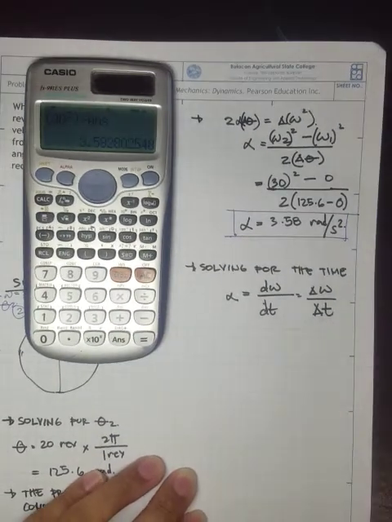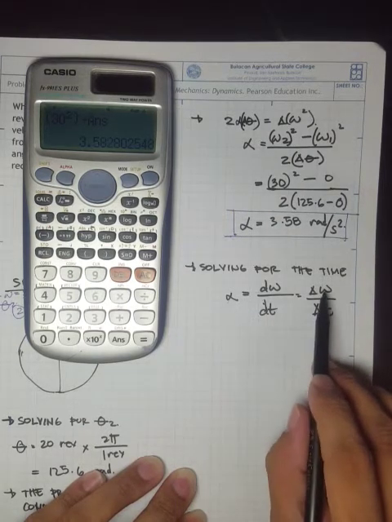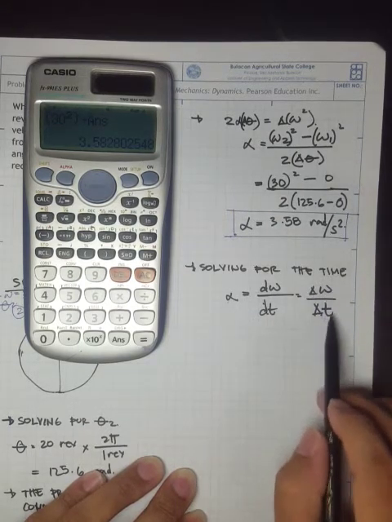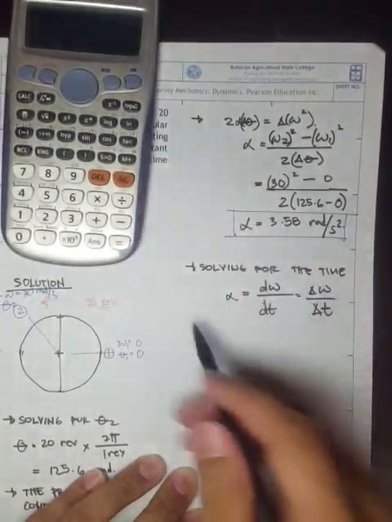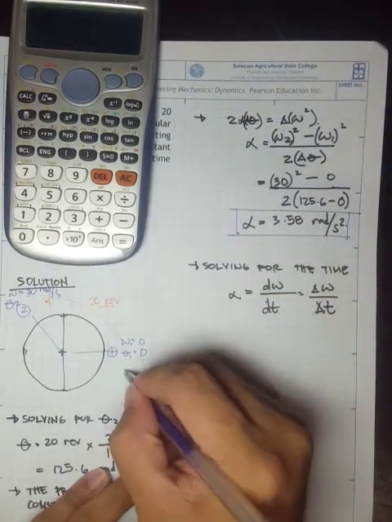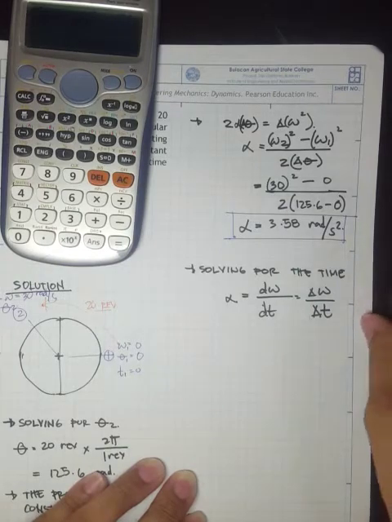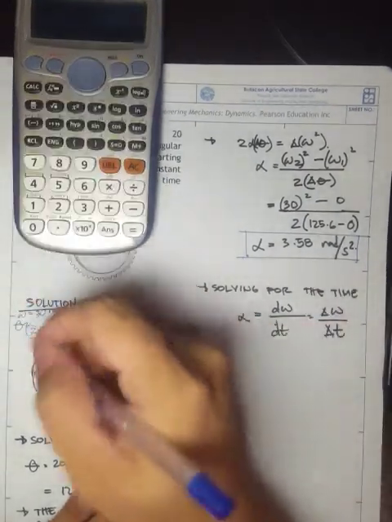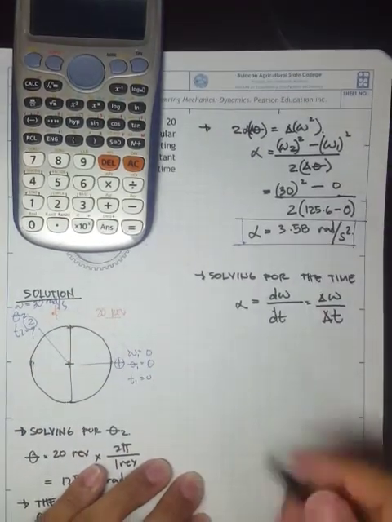Since we have the angular acceleration and we also have the velocity, we can solve for the time. Take note, it's a delta t, but at point 1, t1 is equal to 0 since it's the starting point. So t sub 2 is what we are trying to find.